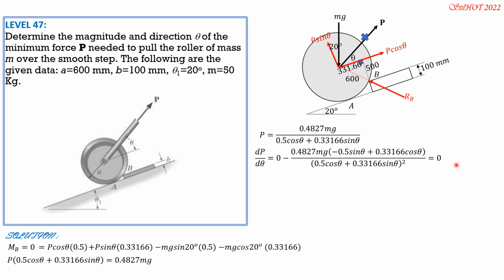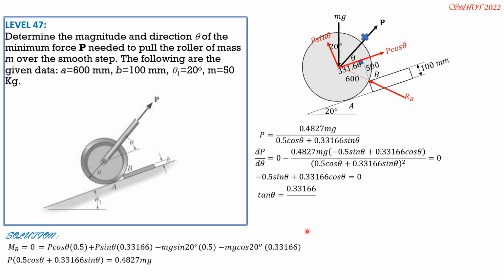Then we set the derivative to 0 because we minimize P. So 0 times denominator squared is 0, divided by this constant negative 0.4827 is 0 also. That means the terms in the parentheses should be set to 0: negative 0.5 sine theta plus 0.33166 cosine theta is 0. So tangent theta is 0.33166 over 0.5.